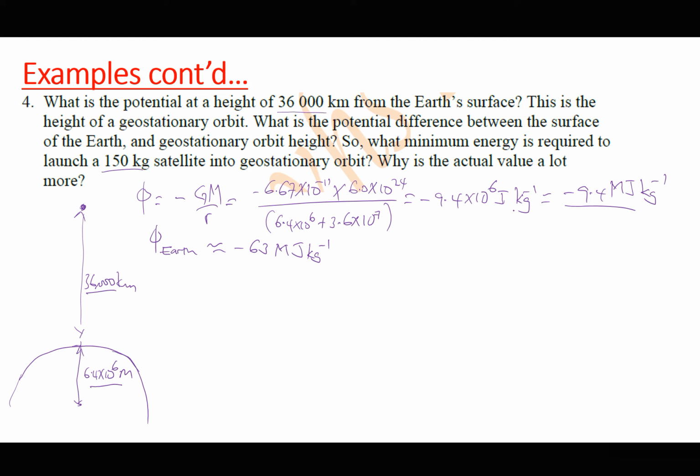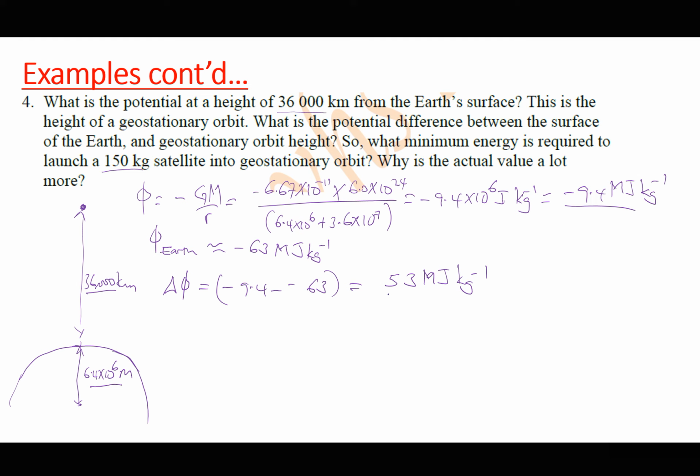So we want the difference in potential. Because this is at a higher height, it is higher. So we shall say negative 9.4 minus negative 63. And this gives me positive 53 megajoules per kilogram.